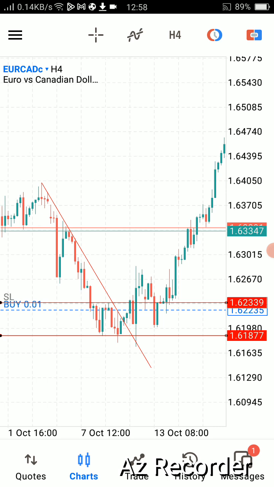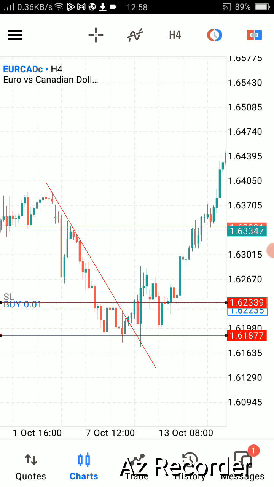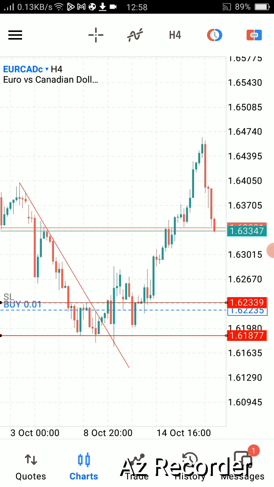After I saw that, we have a break here, a break of structure, I had to wait until the market retested this area. After I saw that, we have a retest here, and then there was a formation of a bullish candle. I took my trades.